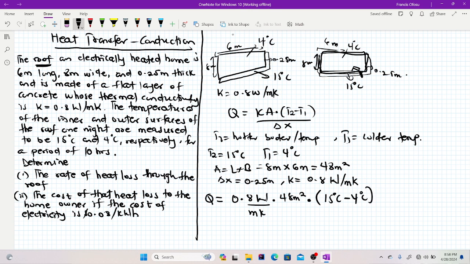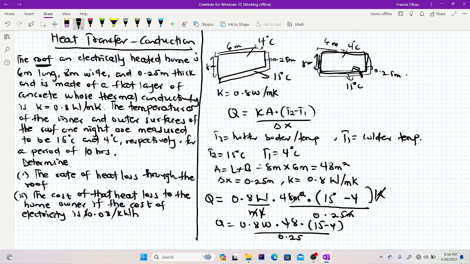Because we are dealing with a change in temperature, whether it is in degrees Celsius or Kelvin, we still get the same answer, so we can say Kelvin, all divided by our thickness, which is 0.25 meters. Kelvin cancels Kelvin, meters squared and meter cancel out. So we are left with Q equal to 0.8 watts times 48 times 15 minus 4, all divided by 0.25.